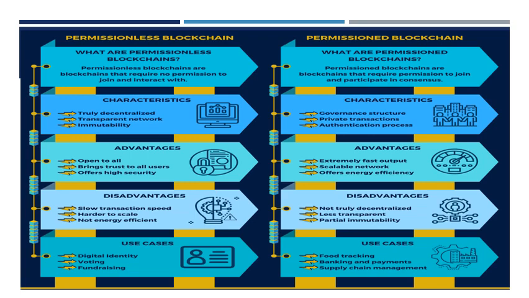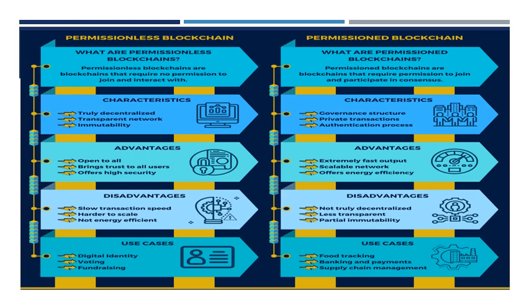If you see the advantages of this permissionless blockchain, they are open to all, bring trust to all users, and offer high security. The advantages of permissioned blockchain are that they are extremely fast, a scalable network, and offer energy efficiency.